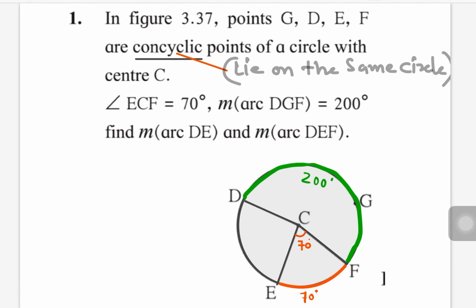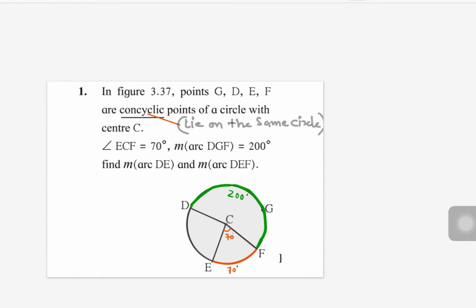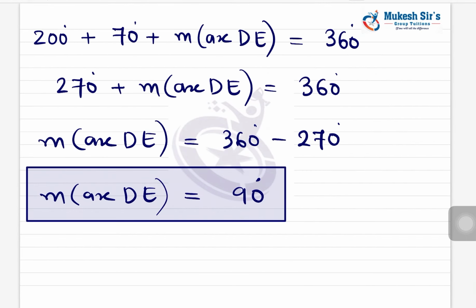So I repeat again, this is given 200 degrees, this angle is 70, तो ये arc भी 70 हो जाएगा, ठीक है ना? फिर 200 plus 70, 270, so it's 360 minus 270, that becomes 90. Then this is 90, this is 70, then this whole arc is 90 plus 70, that's 160 degrees. Fine?